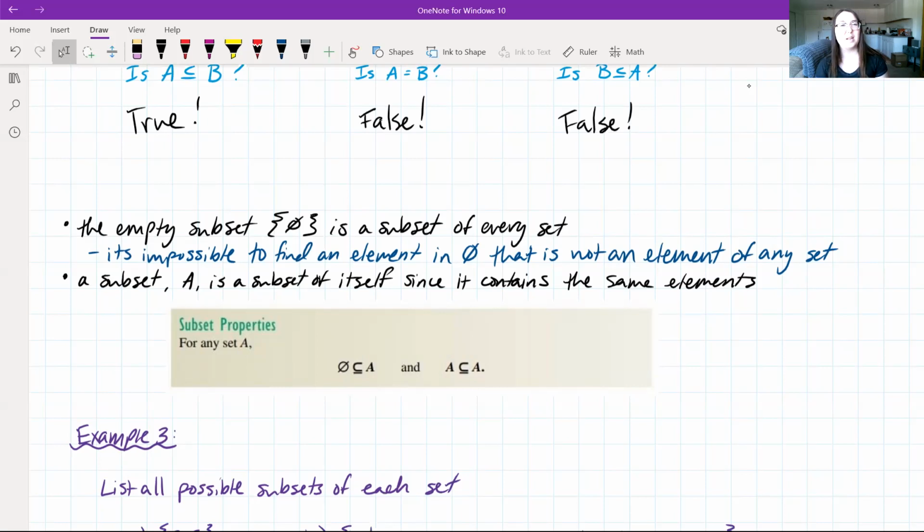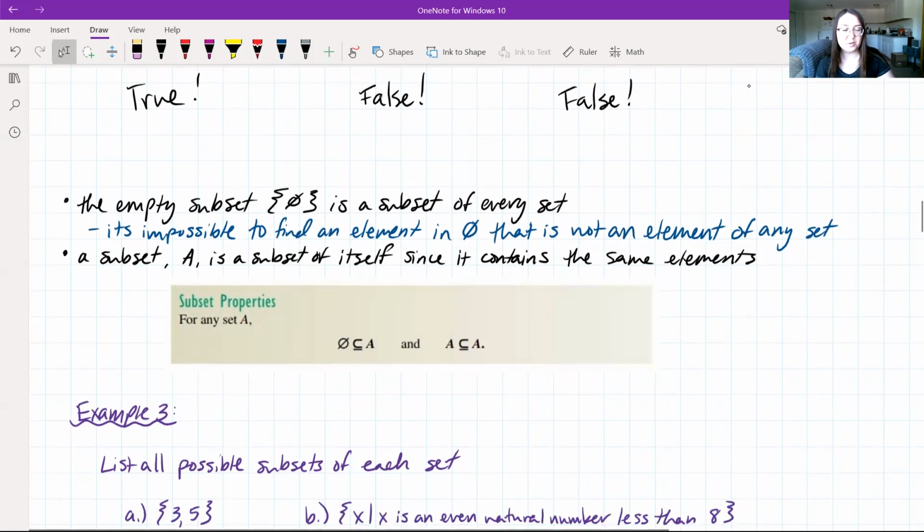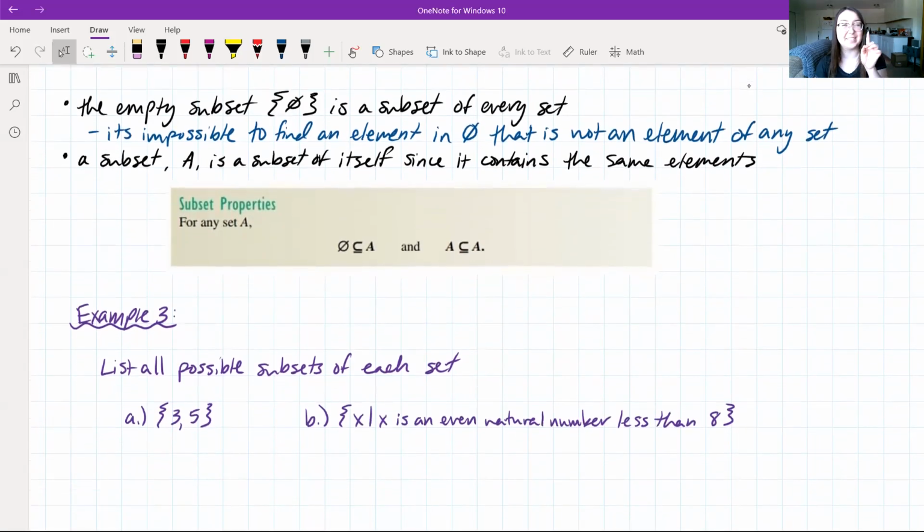So technically, an empty set is a subset of any other set. A little confusing, but you can just memorize the property that an empty set is a subset of any set. It's more so just that you can't prove it's not. That's kind of where that property comes from.